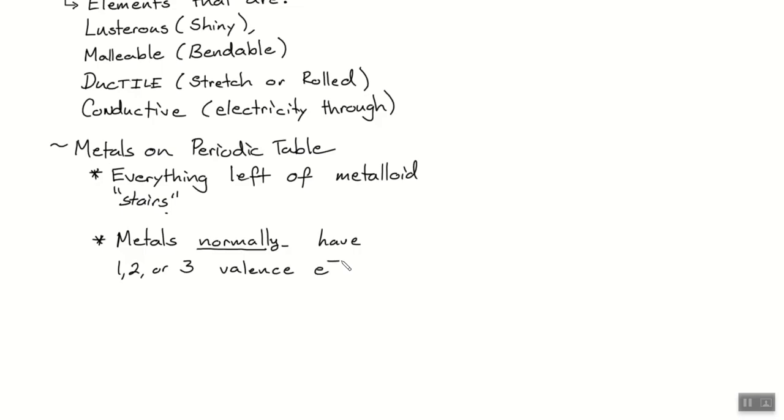Okay. 1, 2, or 3. Now, when we look at this, we can start to think of how metals connect with other stuff. So obviously, iron is a metal. It's Fe. If we have iron oxide, which is just a fancy name for rust, we have a metal bonding with a non-metal. What did we say table salt was?